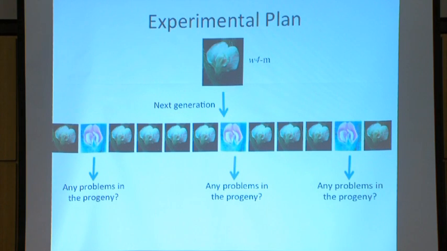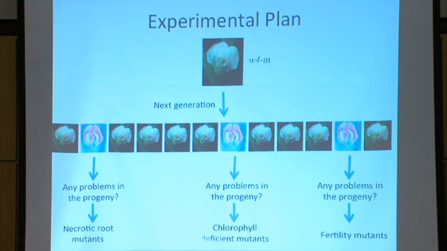So when we screened a large number of plants like that, we found several different types of characteristics where the plants were lacking something. The first one was necrotic root mutants. The plants started making roots which were yellowish in color, and looked like diseased roots.